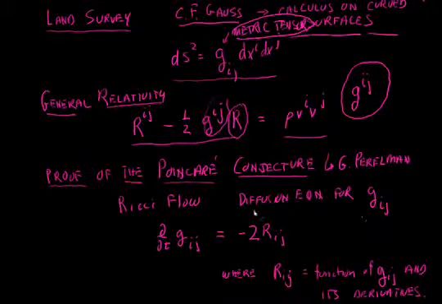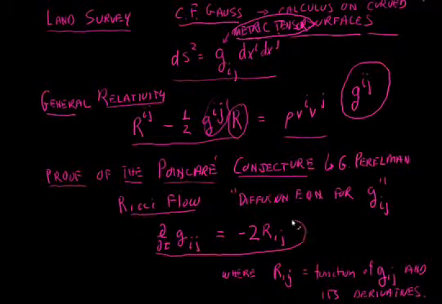And he used something called the Ricci flow equation. It's another type of equation where the unknown is the metric tensor, and it's a diffusion equation for this G.